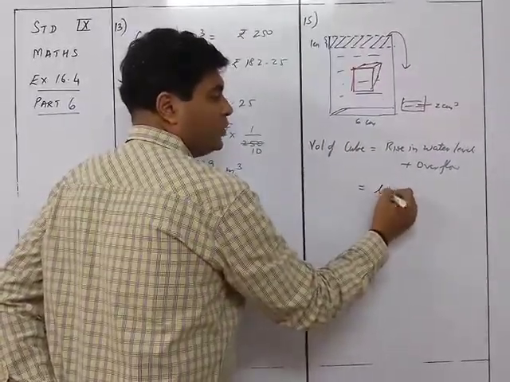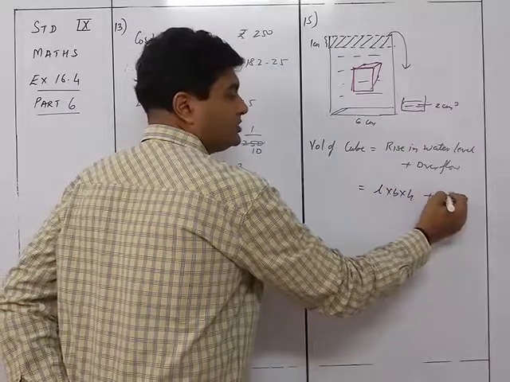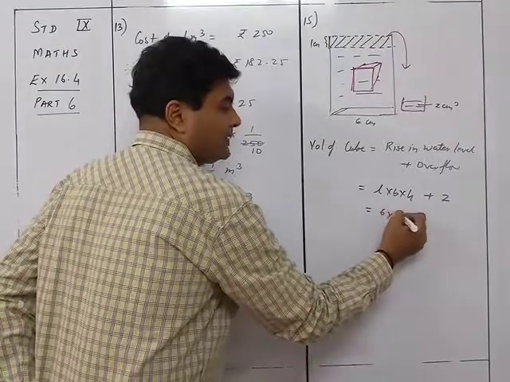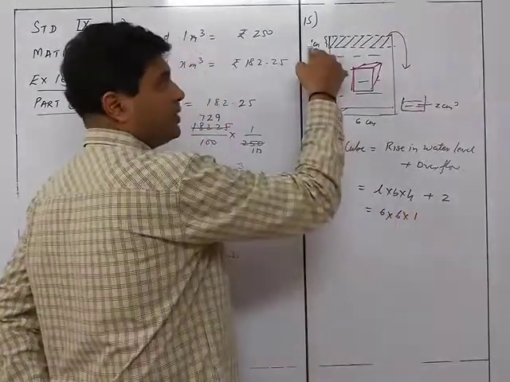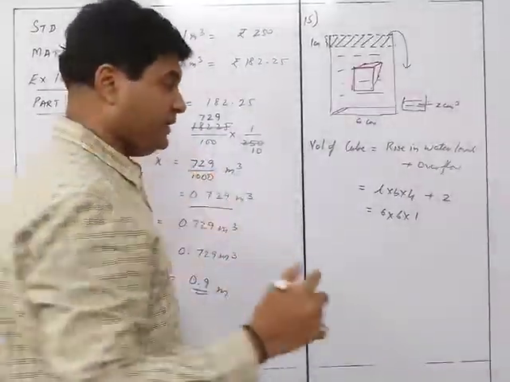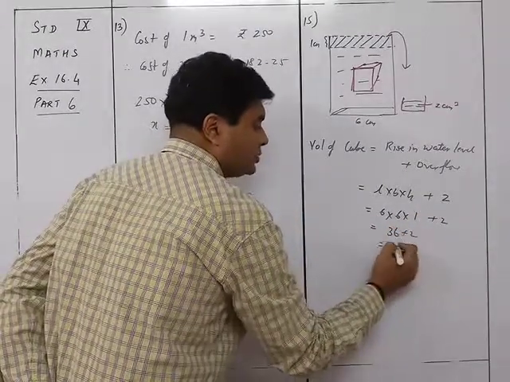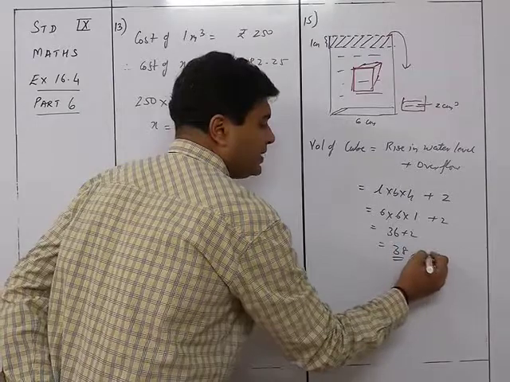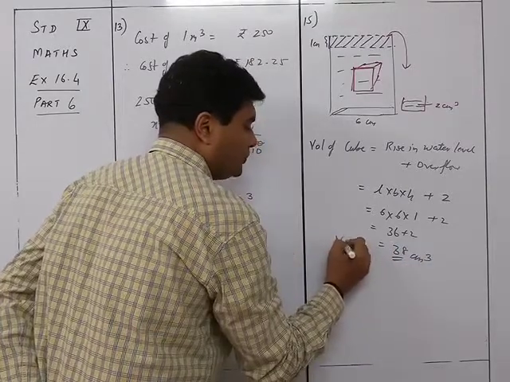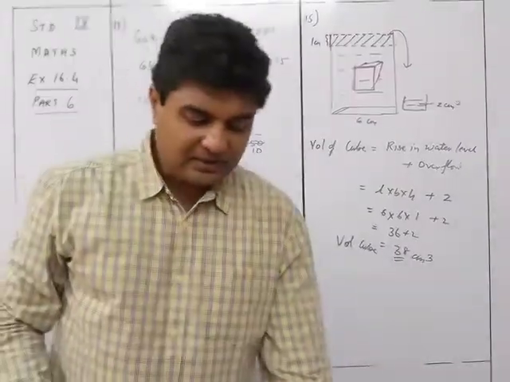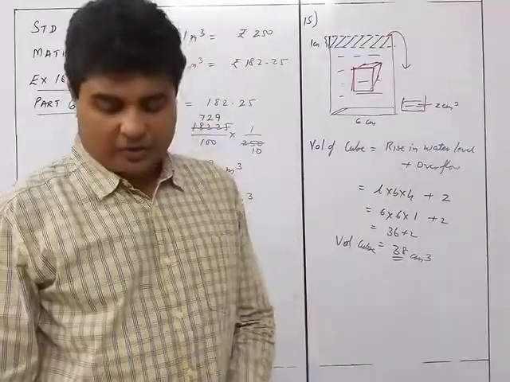So it is length into breadth into height plus 2 overflow. So length is 6, breadth is 6 and height is only 1 centimeter because that was the 1 centimeter which was pending, plus 2. So that is 36 plus 2 is equal to 38 centimeter cube is the volume of the cube. So the volume of the cube is 38 centimeter cube.